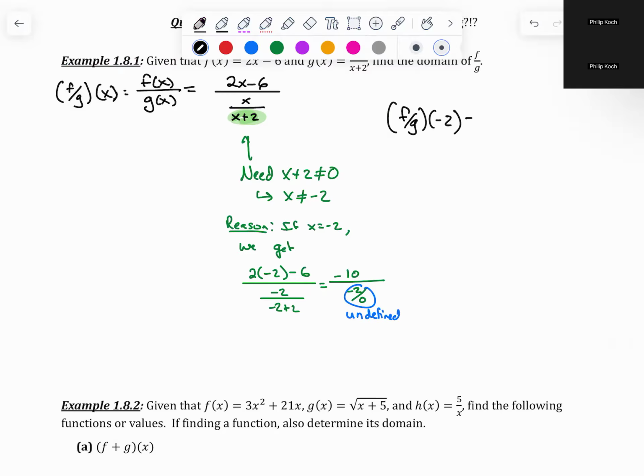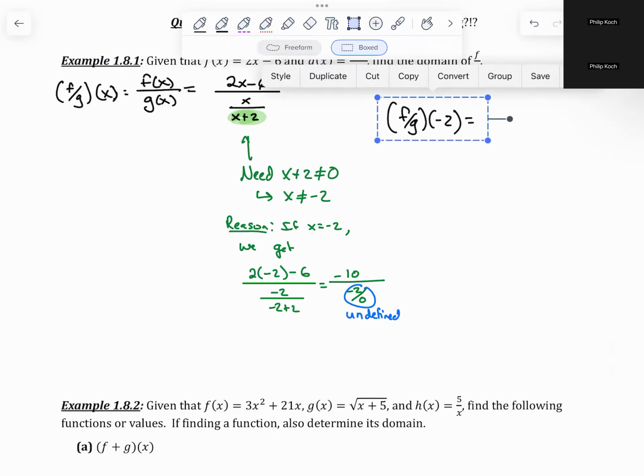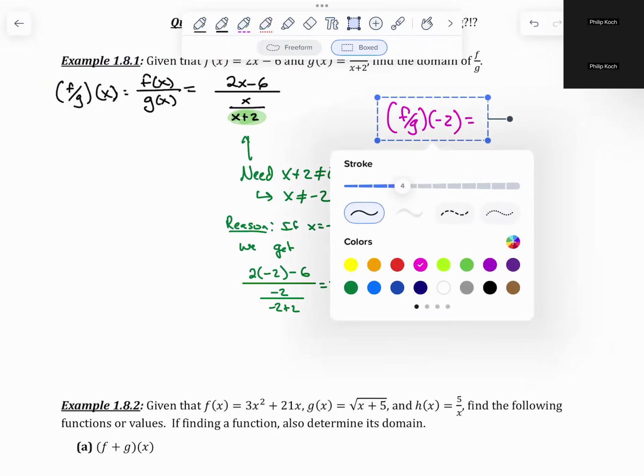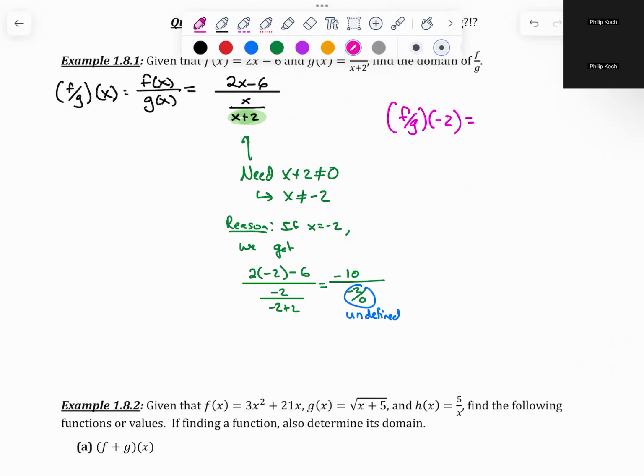But if I do this based purely on the definition, I'll write it in pink. If I try to plug this in, this is f of -2, no issues there. f of -2 exists, but g of -2 does not exist. That's another way to explain the same thing. If I try and plug -2 into g of x, it won't exist.